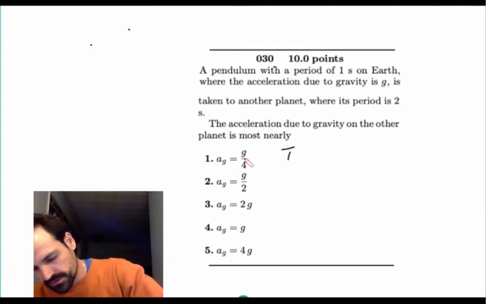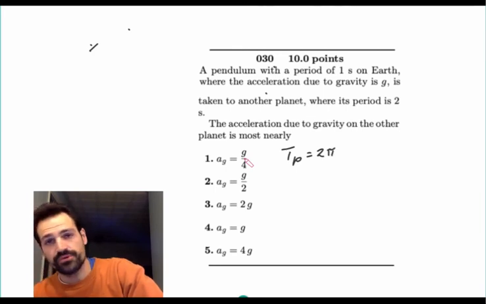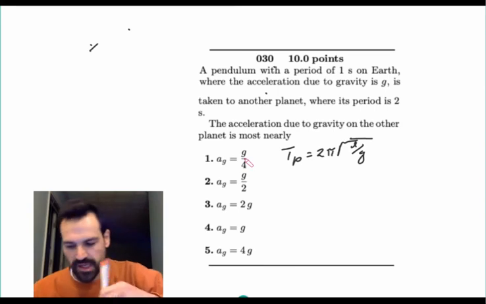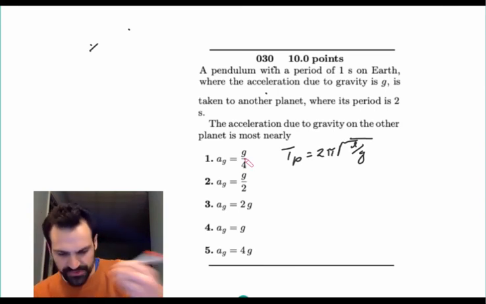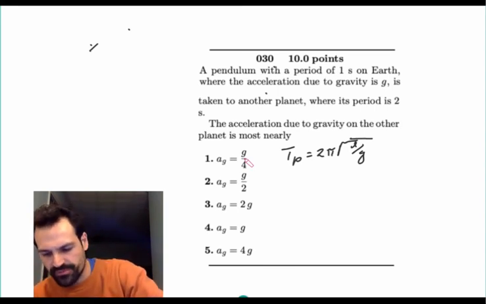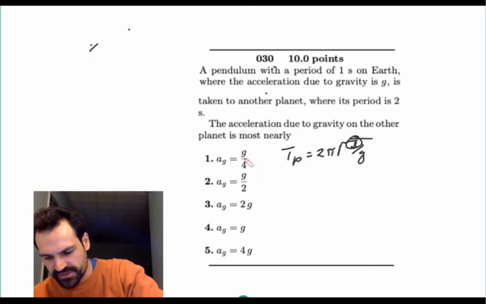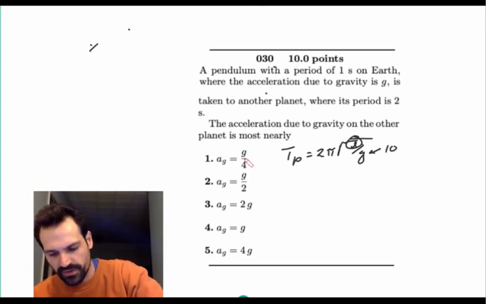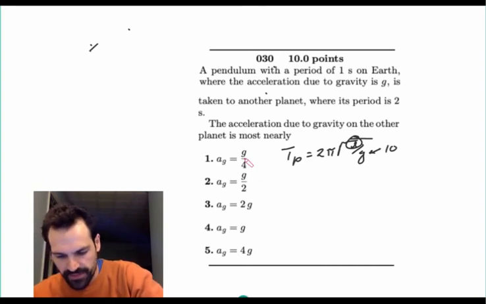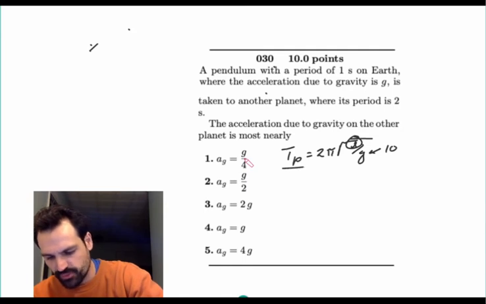The period of a pendulum is 2 pi times the square root of length over gravity. And I'll show you both ways. The first is using algebra. We're going to work our way backwards and figure out, okay, if gravity is 10 on Earth and the period of the pendulum is 1 second, what's the length of the string?